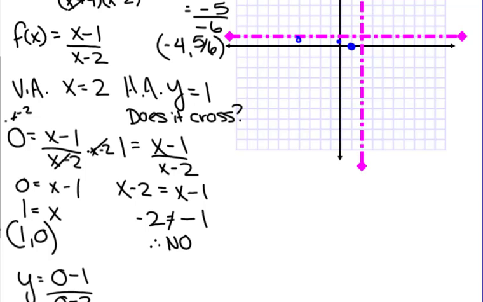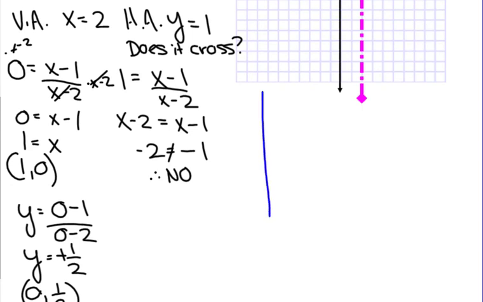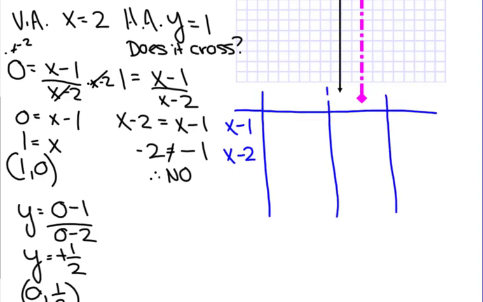And then we also need to do a sign analysis. So our factors were x - 1 over x - 2. Those happen at 1 and 2. Negative, positive, positive, negative, negative, positive.